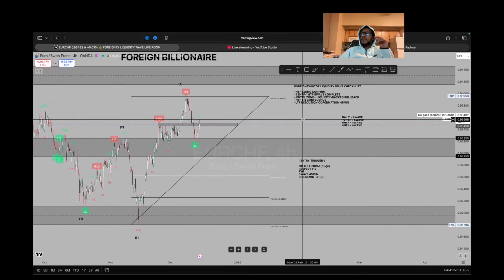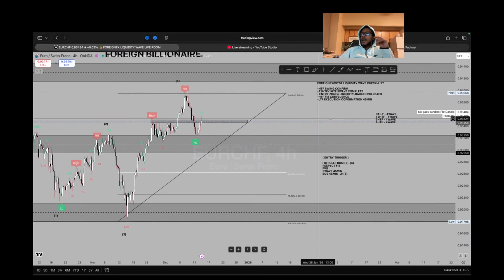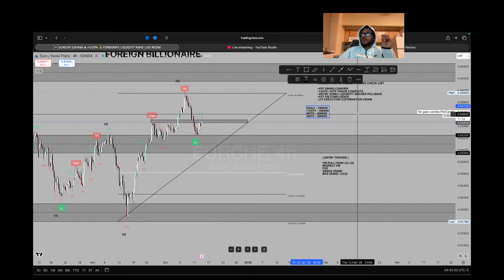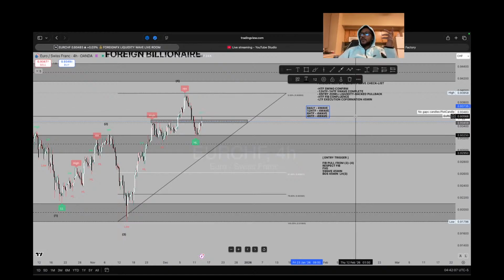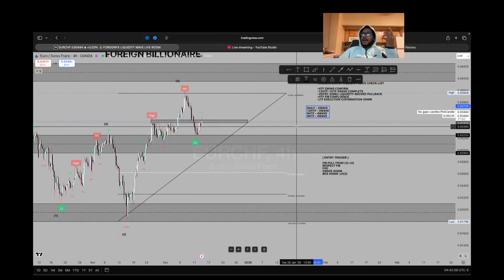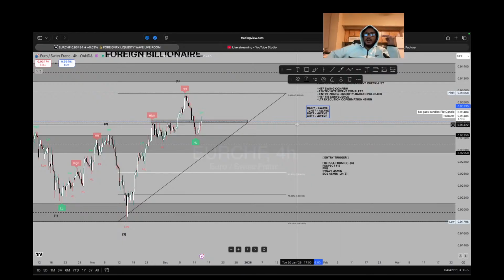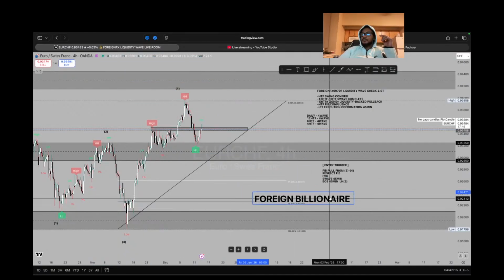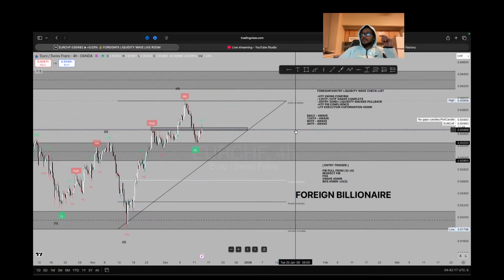At the moment I have the daily 4 wave, 12-hour 4 wave, 6 hour 4 wave, 4 hour 4 wave. So in my eyes, all time frames are in sync, going in the same direction, same relationship.